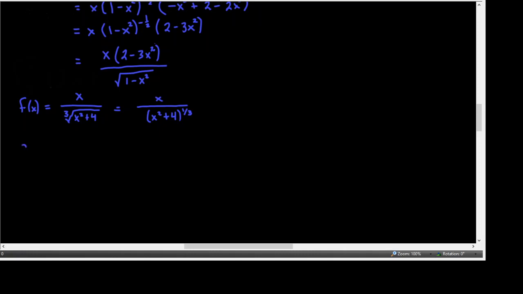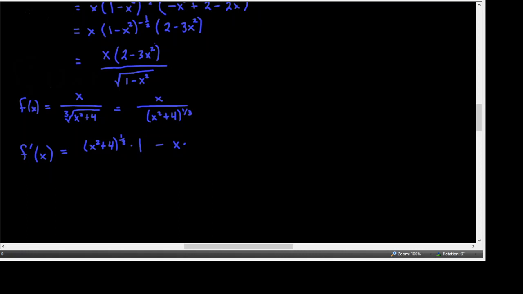The big idea of this problem is I see a quotient, and so that means we're going to do the quotient rule. So that is low, that is denominator function, low, d high, and the derivative of x is 1, minus high, the numerator function, d low.